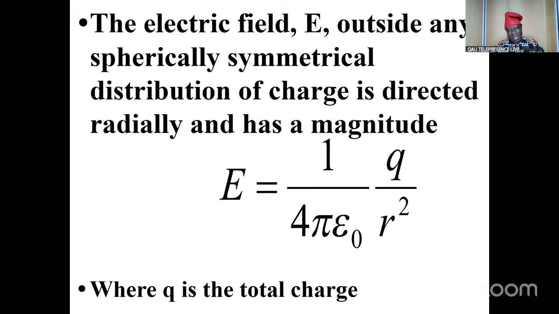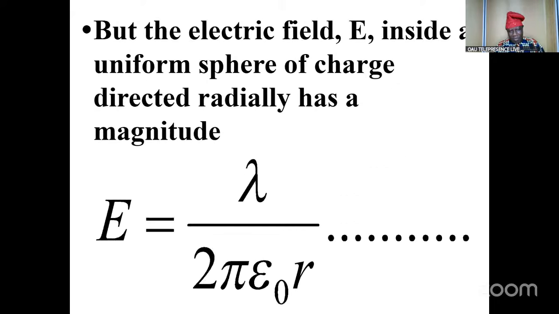So you now see that this is the electric field inside a uniform sphere. And number two condition, that the charge is directed radially. That is, the radius R will be the same at any point from the center of the sphere. In fact, that's why you call it uniform sphere.